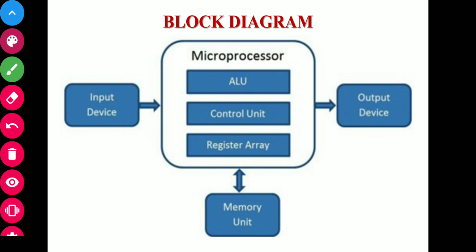What we are typing on the keyboard is processed by the processor inside the laptop, which performs the appropriate operation and gives it to an output device like your monitor or printer, right? In this whole operation the microprocessor plays the major role. That's why we call the microprocessor the brain of our computer systems. So this is the typical block diagram of a microprocessor.